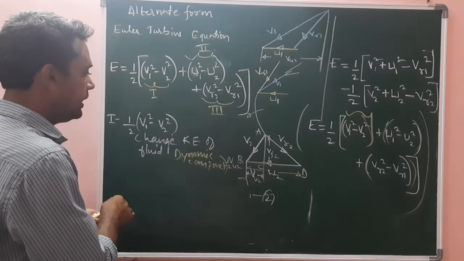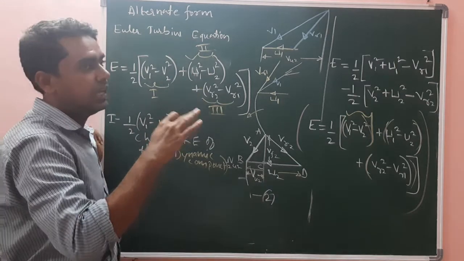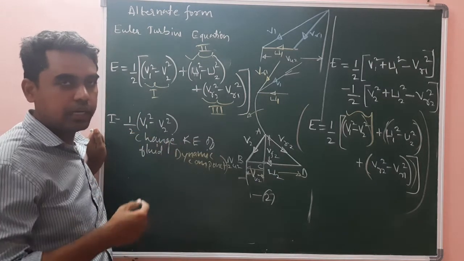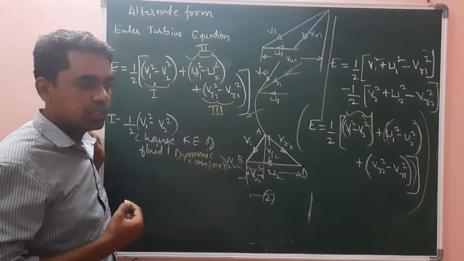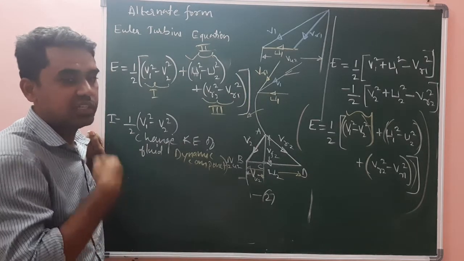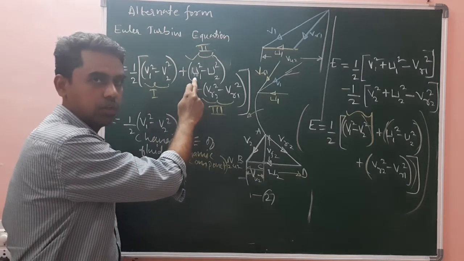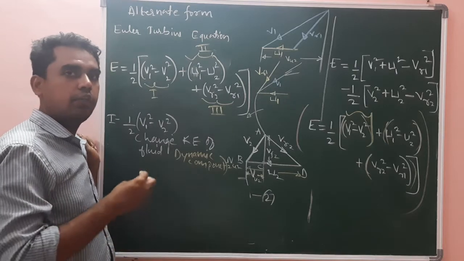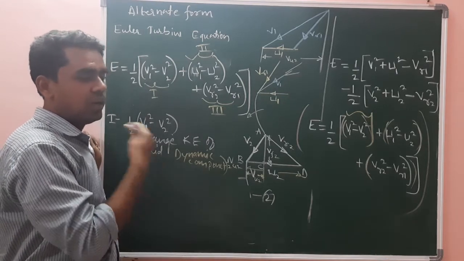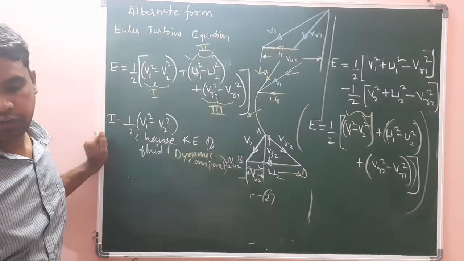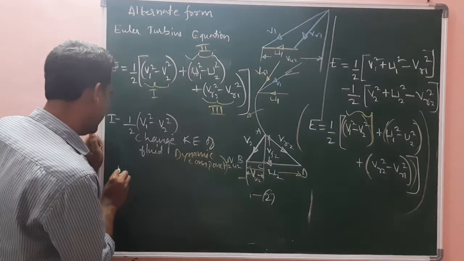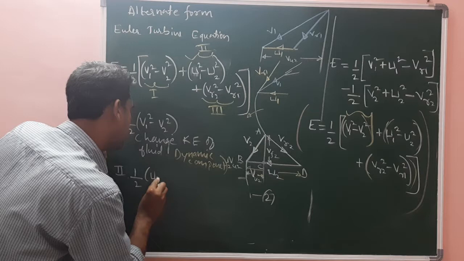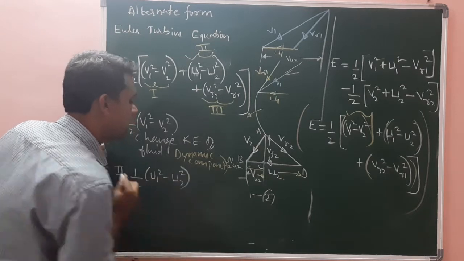In the second component, U = πDN/60. U is the tangential velocity of the rotor, and it depends on the radius. As the fluid changes its radius, U changes, because it depends on the radius of the rotor. Therefore, this is called the centrifugal component. The second term is 1/2 (U1² − U2²).